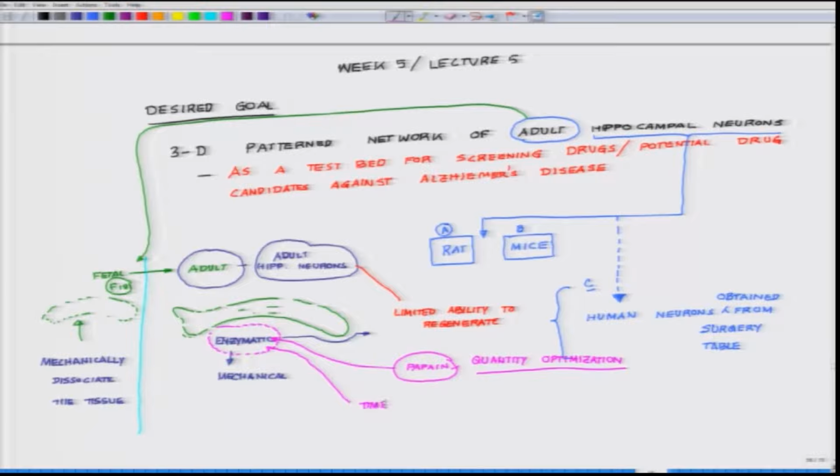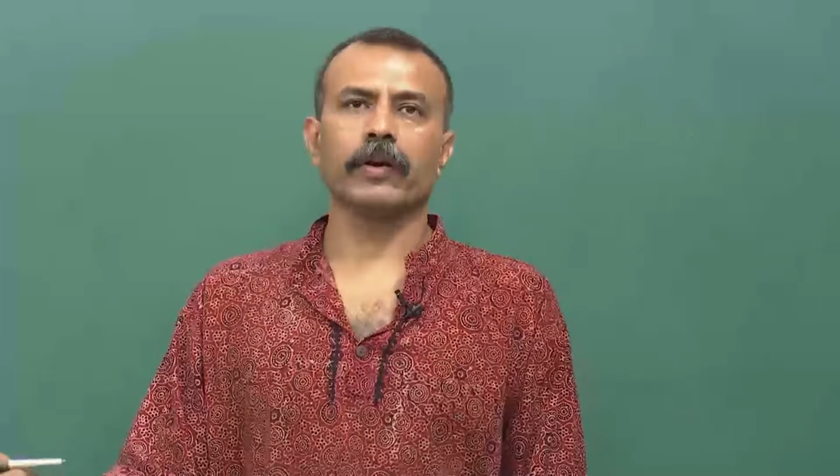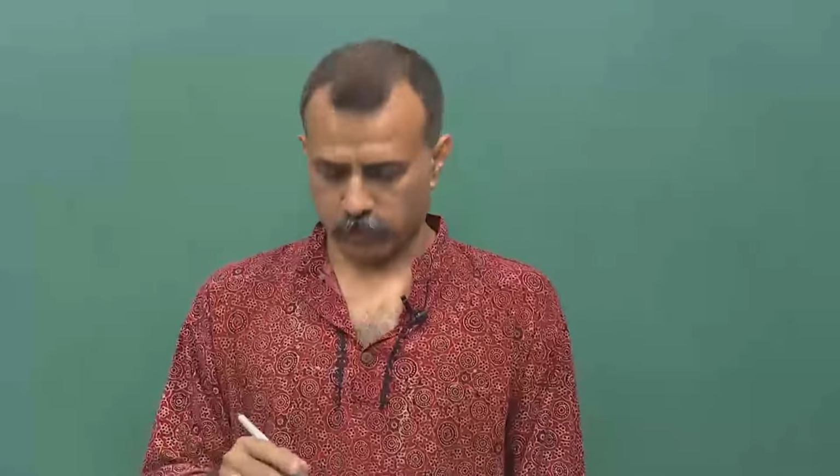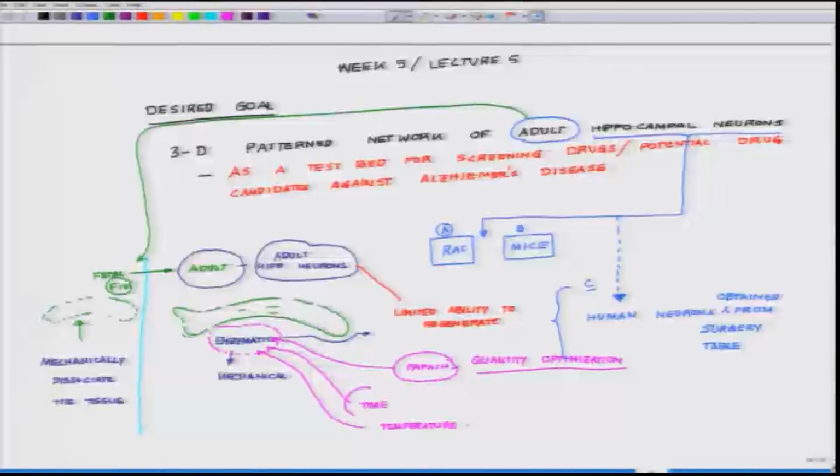Second thing in the same line, temperature. Sometime you may need to raise the temperature, but you have to be careful whether you can do it in regular, or you want to do it in a water bath of say like 4 degree, or you want to do it at 20 degree. That decision you have to figure out over a period of time of optimization.